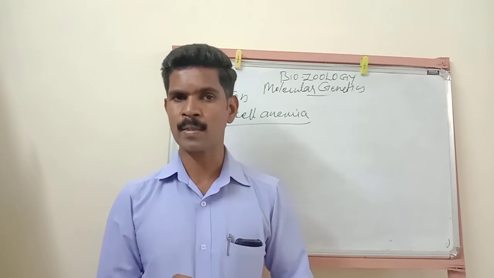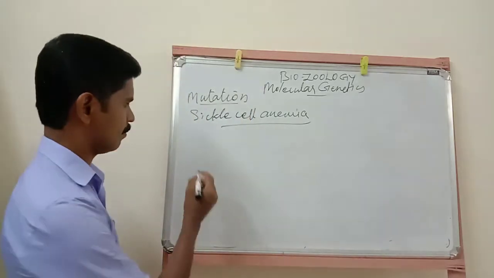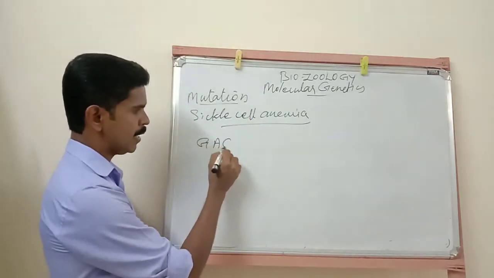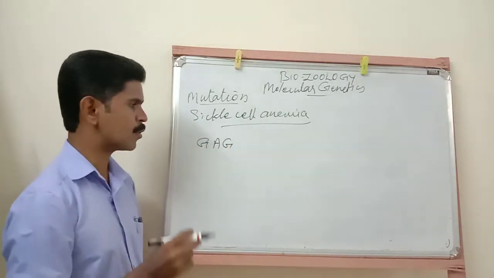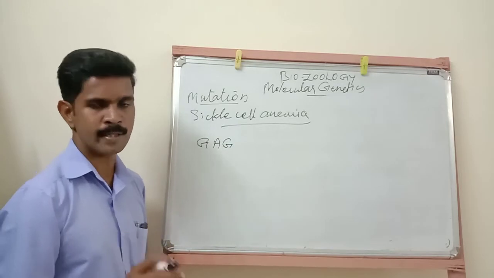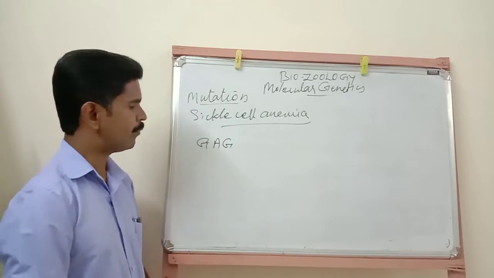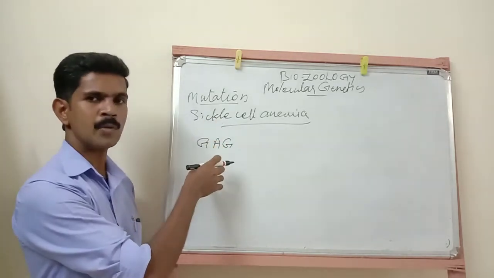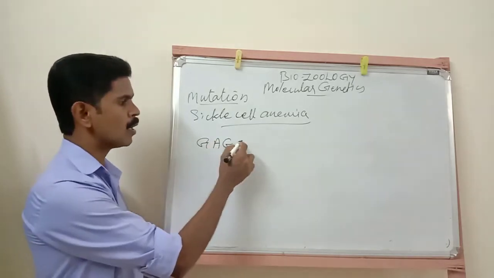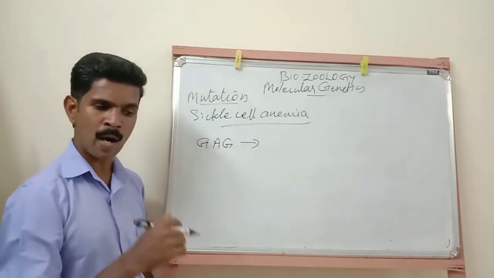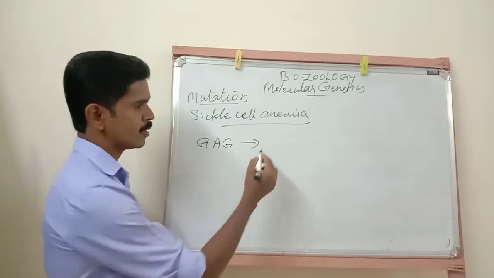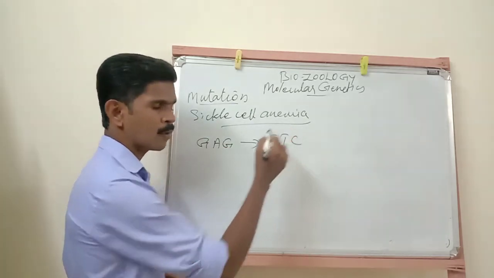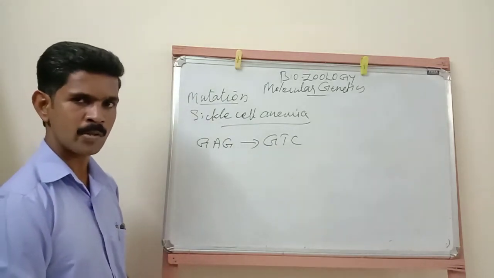The name of that codon is GAG. So this codon is present in the sixth position of the beta hemoglobin gene. When this gene is involved in mutation, this codon is changed into another codon. The name of that codon is GTC. Hope you understood.